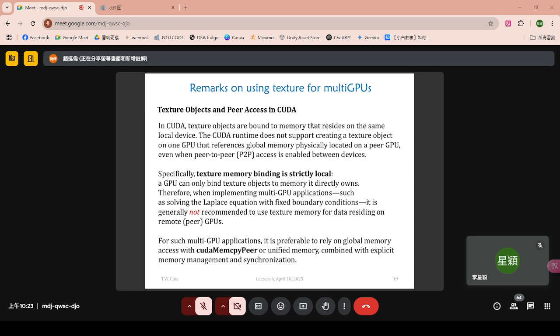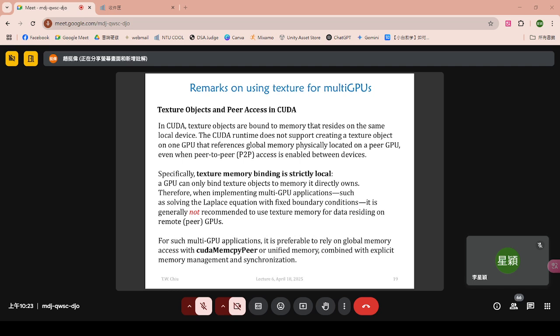Last time I showed you the code. I can only read the center of the lattice from this local GPU through the texture. But when it reaches the boundary of the sublattice and accesses the neighbors, at least one neighbor must be on another GPU.